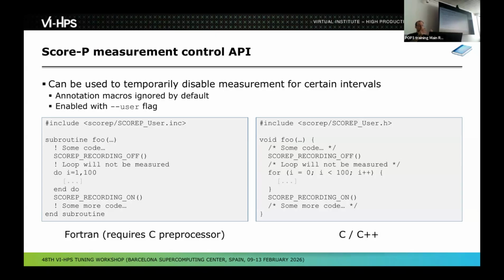Our measurement actually initializes on MPI init, so if you're missing that, that's not a good idea. And then you can turn the recording off and on for what you want. And for the end phase of finalization, you should turn it on again too. So just turn it off for specific reasons, for parts you don't want to see.